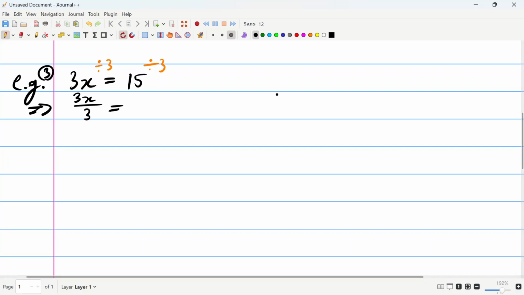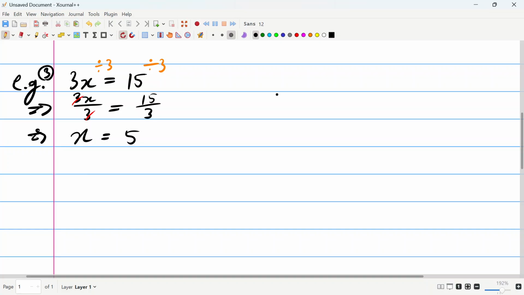Okay, because we're dividing both sides by 3, and this is 15 over 3 as well. And then from here, notice that the 3's can cancel out, so that we have x on its own, and then we have 15 divided by 3, which is going to be 5. And this is true, because 3 times 5 is indeed equal to 15.